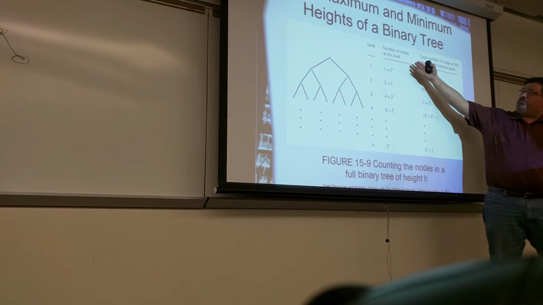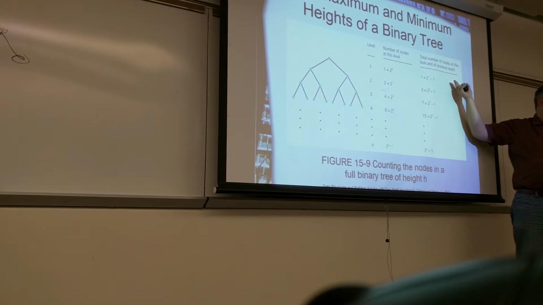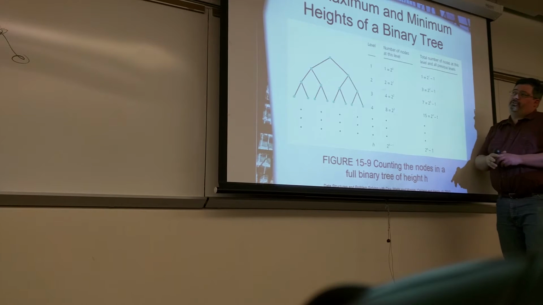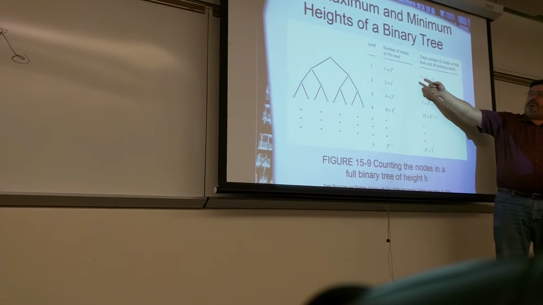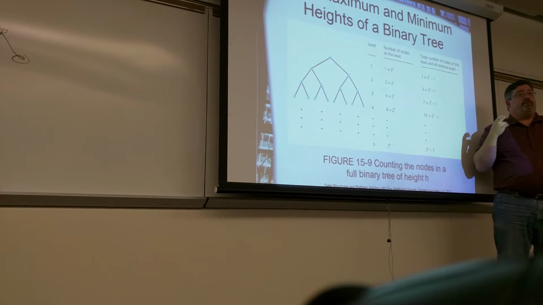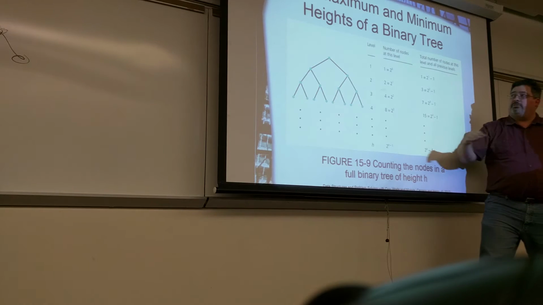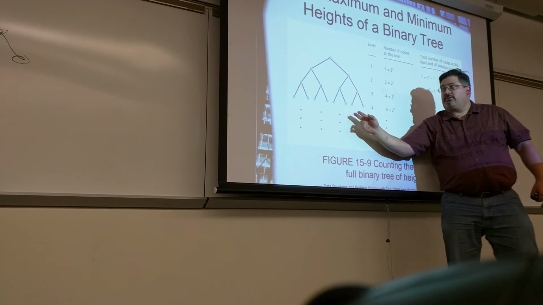Now, this is just the number of nodes at that level. I want to know the total number of nodes at that level and all previous levels. So at the first level, it's easy. It's 2 to the first minus 1, it's 1. If I only have a 1-level binary tree, it's only got 1 node in it. If I have a 2-level tree, it's got how many nodes? 3. And then here I get 7, and so on.